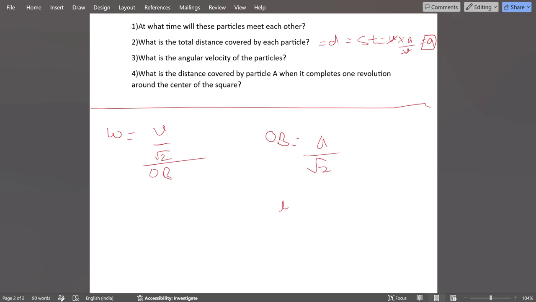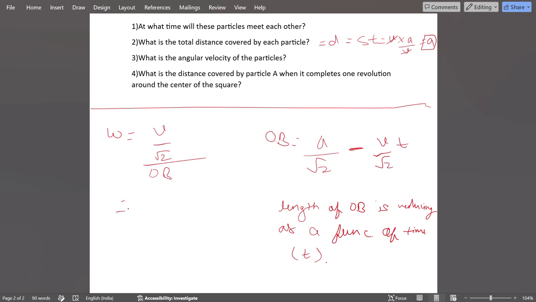Here the length of OB is reducing as a function of time t. So it would be a upon root 2 minus speed into time, v upon root 2 into t.